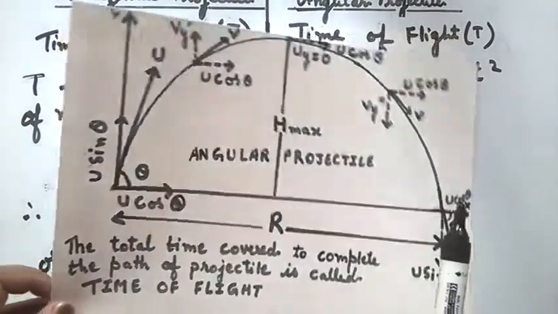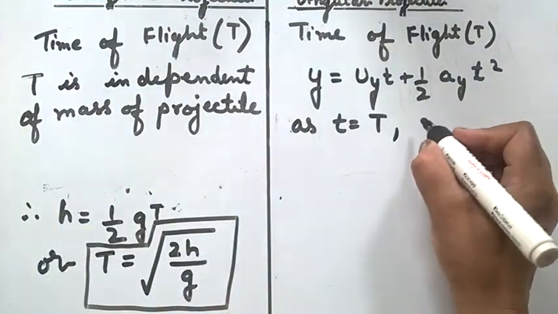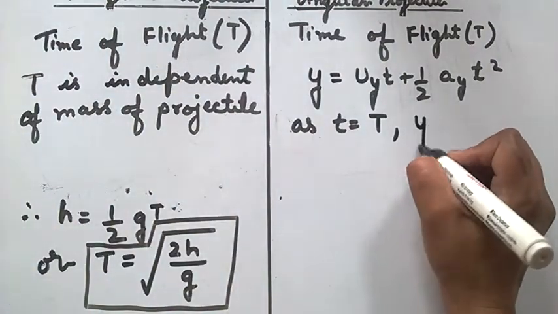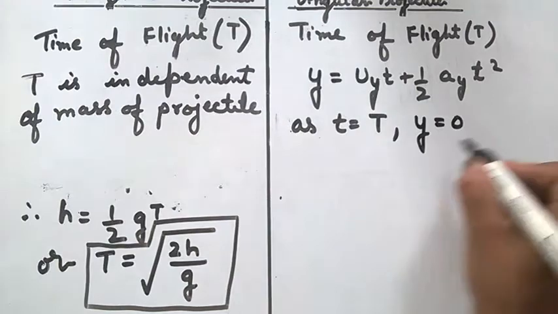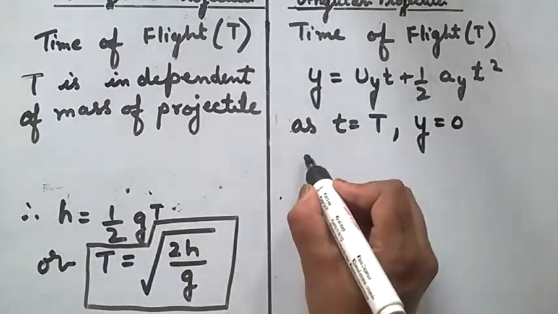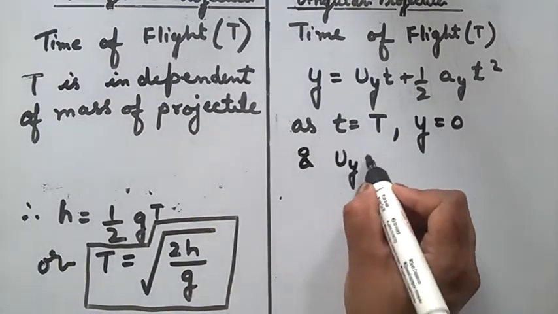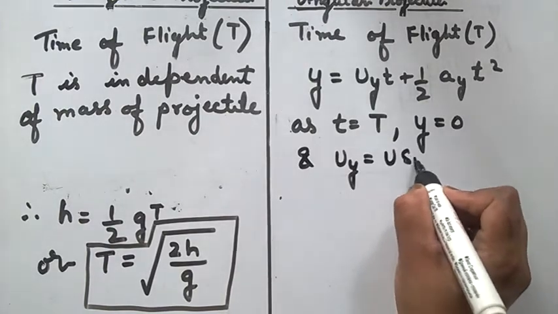That is, y is equivalent to 0, and uy is u sine theta, and ay is minus g.